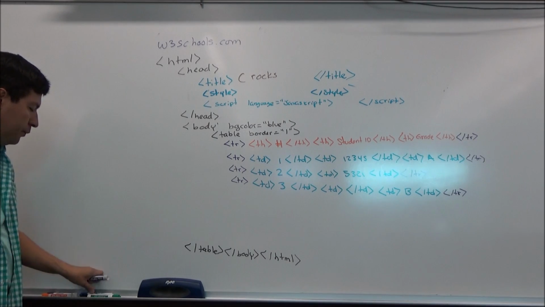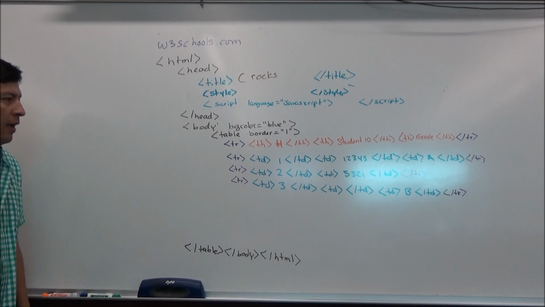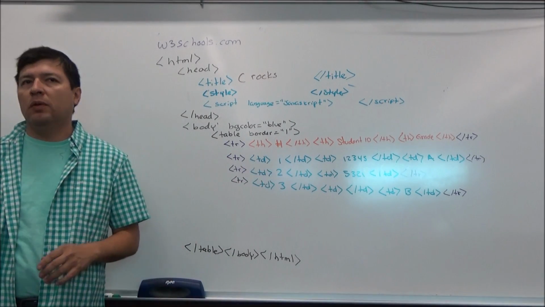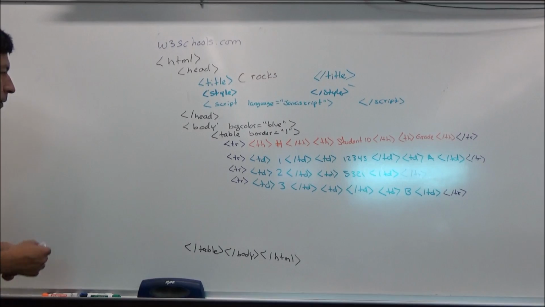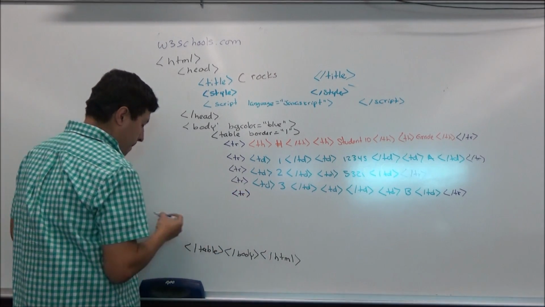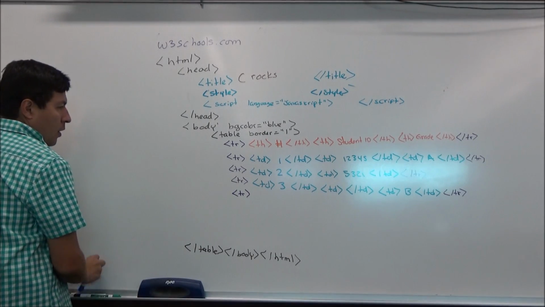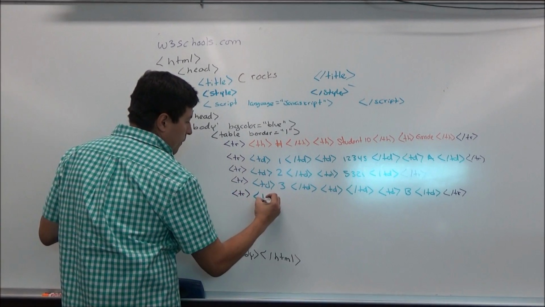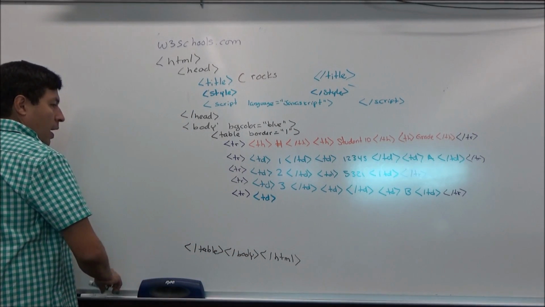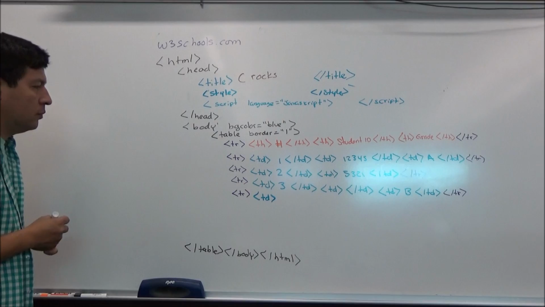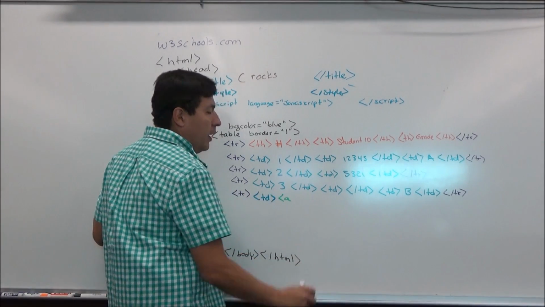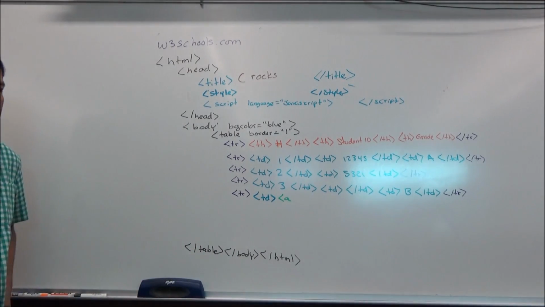So now, let's say if you click the number 4, it takes you to Google. So I open a new row, right? And I open new table data. But if I want to do a hyperlink, I have to use an anchor. They call it an anchor.